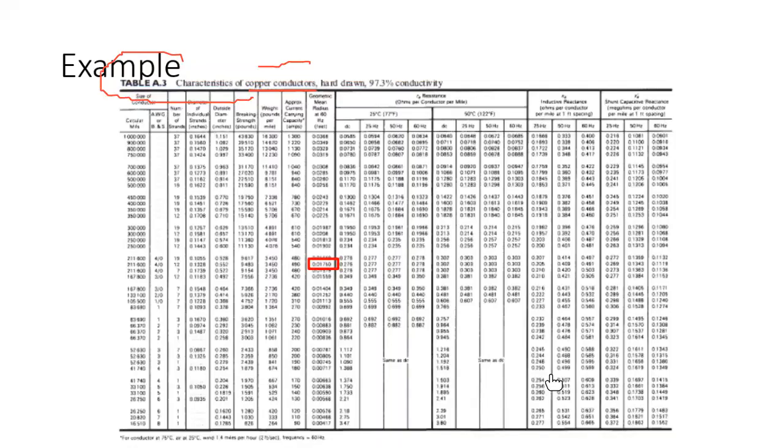Anyhow, because this is a US system, even the standard they write, the American wire gauge, as you can see here, these are American standards. So that's why they use it, to make it easy for the engineer in the USA to read these charts, because they work in feet, etc.